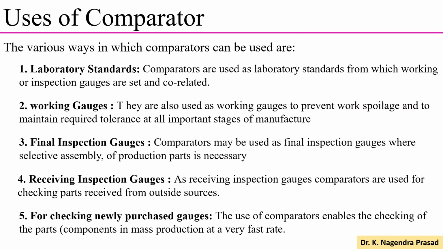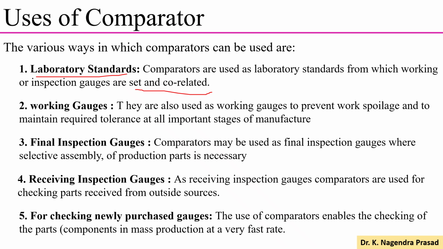Next we will discuss the uses of comparator. The various ways in which comparators can be used are, first, laboratory standards. Comparators are used as laboratory standards from which working or inspection gauges are set and correlated. The second use is working gauges.